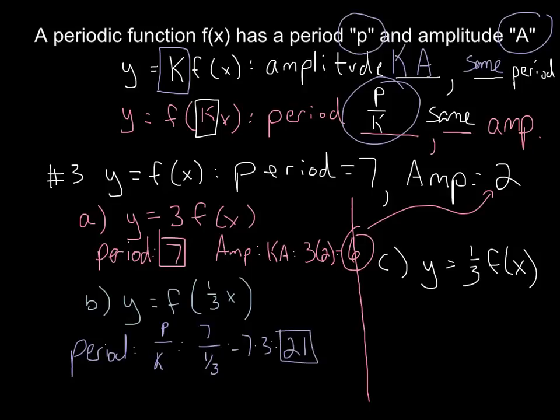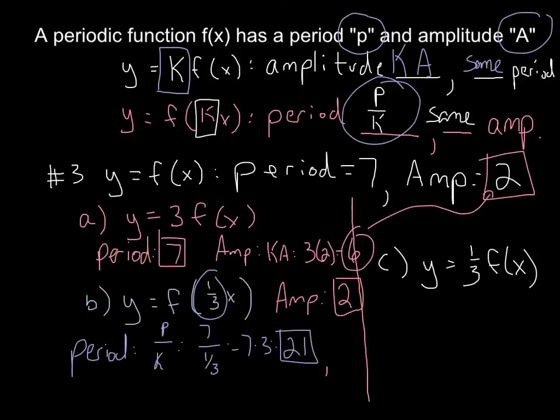So the new period is 21. See how k is a fraction? Instead of shrinking it horizontally, it stretches it. So it takes 21 units just to get through one cycle. That's crazy, man. And now finally, the amplitude hasn't changed because we affected it horizontally. So the amplitude is still just 2. That's what it was originally.